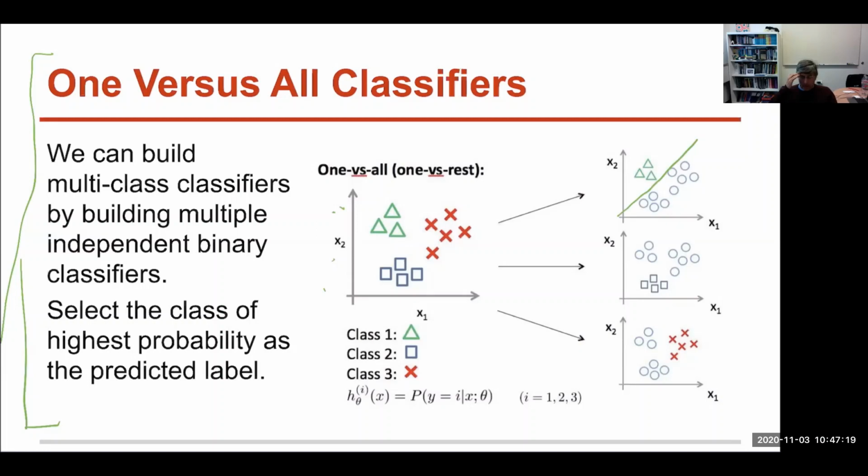If we have 3 classes, we reduce that to 3 different logistic regression problems, all of which try to predict members of one class against all the other members, a one versus all or one versus rest classifier. So now we've got 3 different logistic regression problems, one for each of the classes, and we try to see how well we can separate its members from members of a different class. Any questions about that?